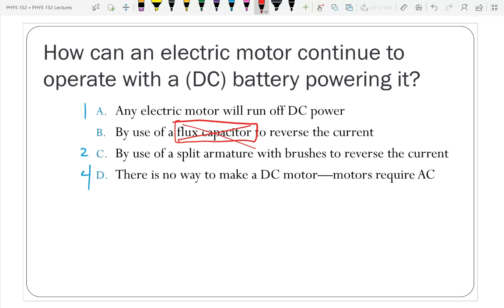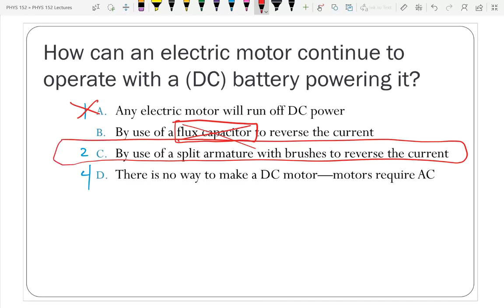Okay, so I didn't put the flux capacitor answer there because that was just a joke. So we had one person that said any electric motor will run off DC power. Okay, sad to say that person wasn't listening because I said won't. By use of a split armature, that is the correct answer. That's where we're going.